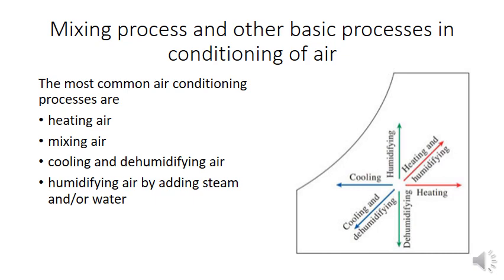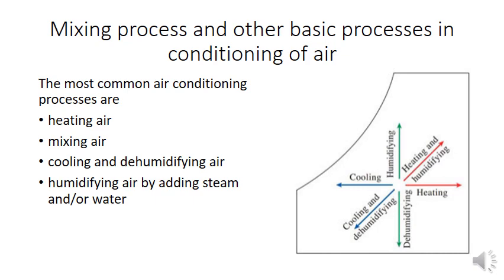So heating and humidifying on this axis, red and green. Similarly, green and blue is cooling and humidifying. Then blue and this green is cooling and dehumidifying. Similarly, red and green is heating and dehumidifying.